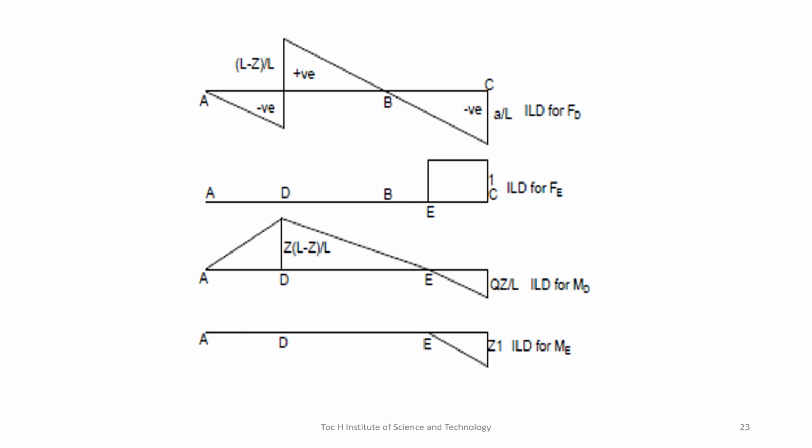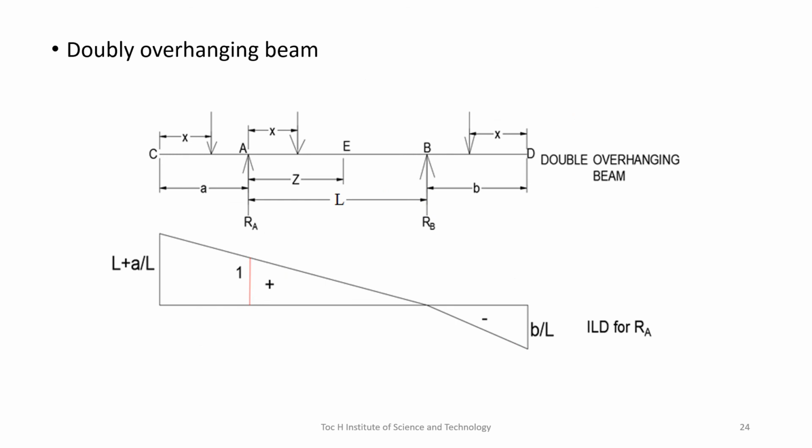Okay, now this is a question on a doubly overhanging beam. So consider the unit load is at a distance, and we are drawing the influence line by considering the unit load moving from C to D. So this is a doubly overhanging beam, and this distance is A. That means the left overhanging section is A and the right overhanging section is B. Now Z is the distance of the section E from the support A, and this is the length of the simply supported beam.